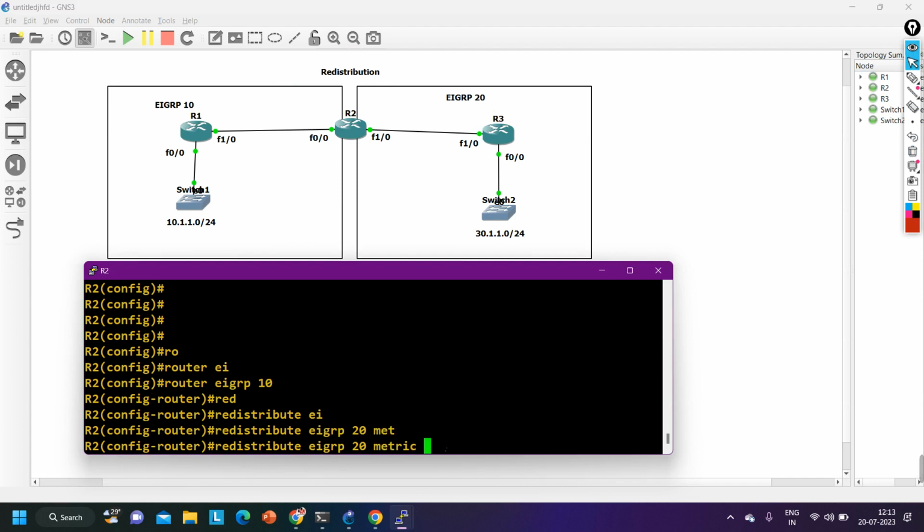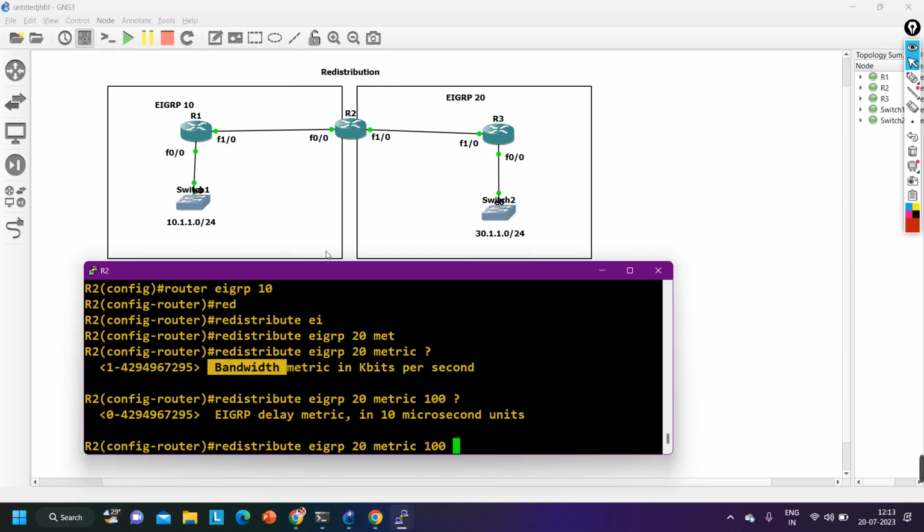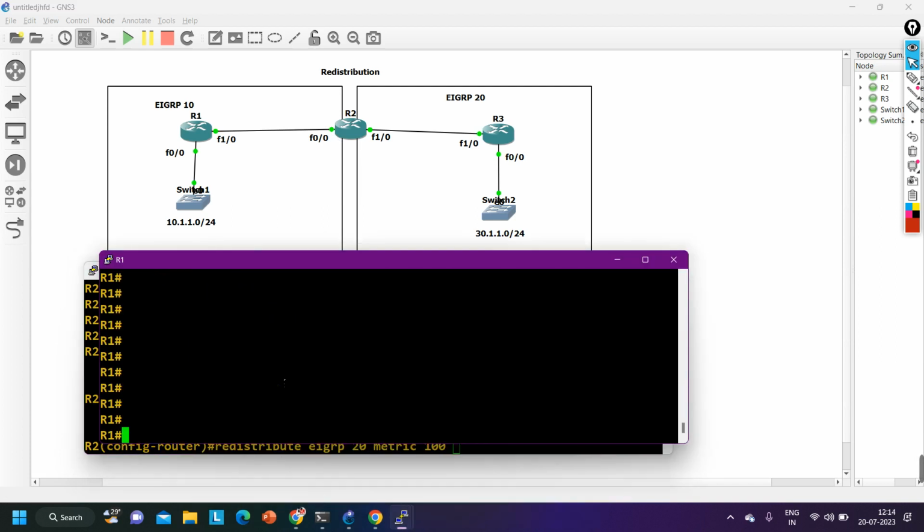So here I am going to say metric, and then you can see it is asking for bandwidth. So let's say bandwidth is 100. Any value you can configure over here. You can check the bandwidth of your physical link and configure that bandwidth. Let me show you the bandwidth of a physical link on router number 1. So show IP interface brief, not like this.